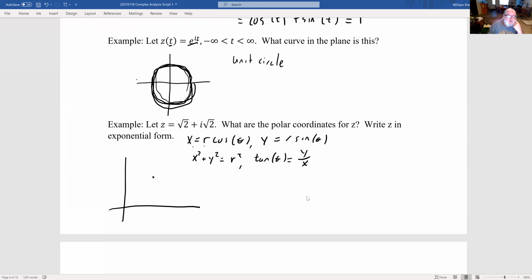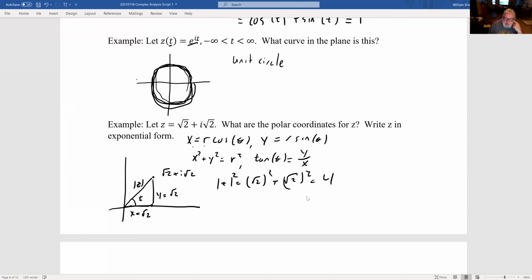So if we have a complex number, root 2 plus i root 2, the modulus of z serves as a radius. This is the angle t. This is x, and that's y. So modulus of z squared is x squared plus y squared, which equals 4.